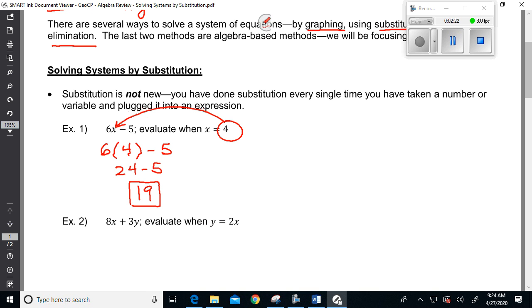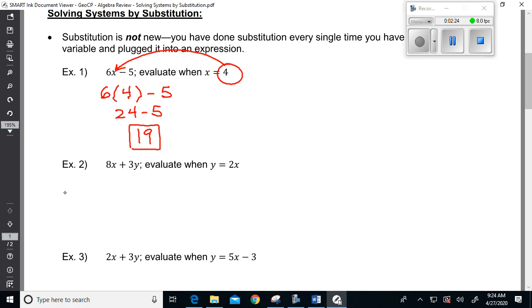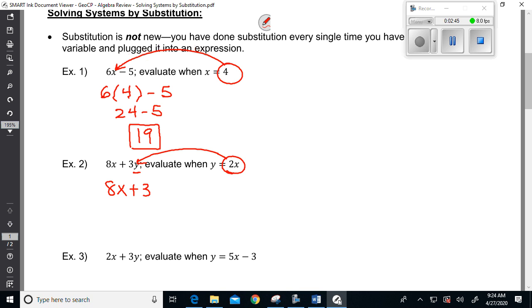We can do the same thing when it comes to a variable. 8x plus 3y, they're telling you that y is equal to 2x. So we're going to take 2x and plug it in for y. That would give you 8x plus 3 times 2x.